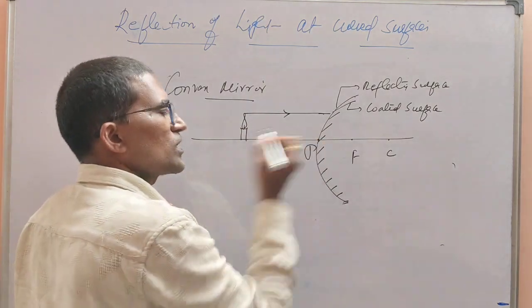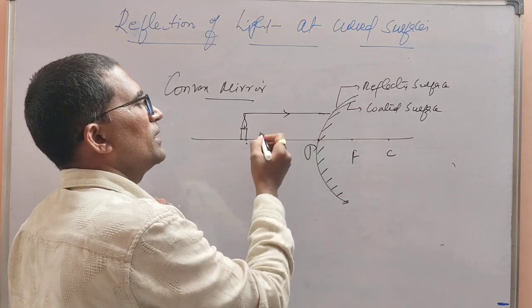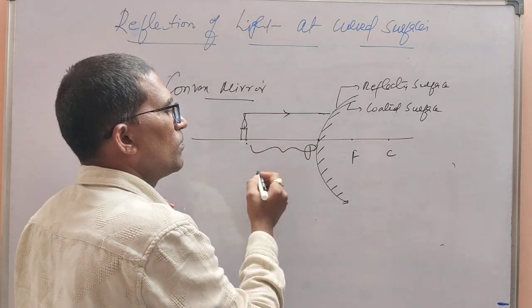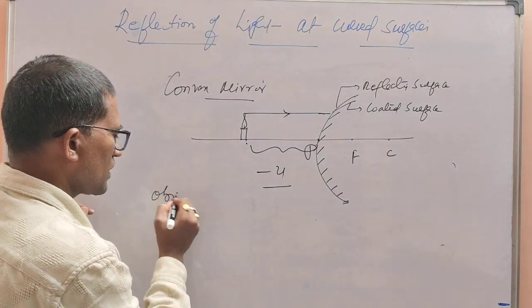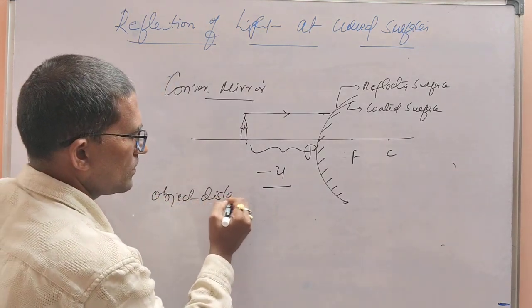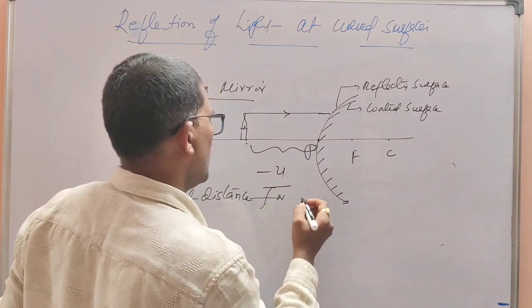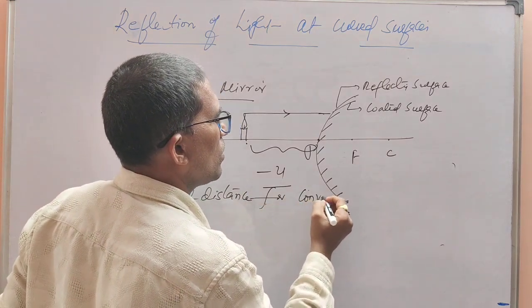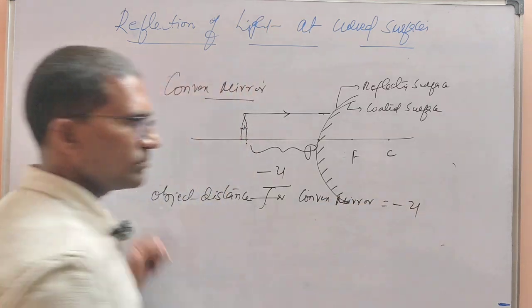Now, if I measure the distance of the object from the pole of this convex mirror, the distance will be considered as a minus, that is, object distance for convex mirror is minus u.